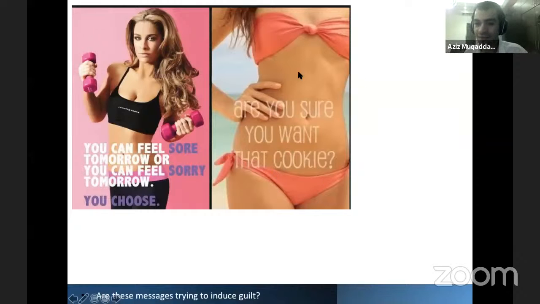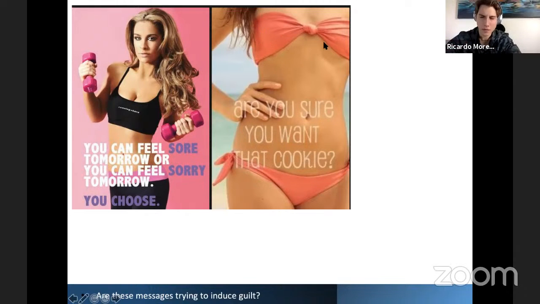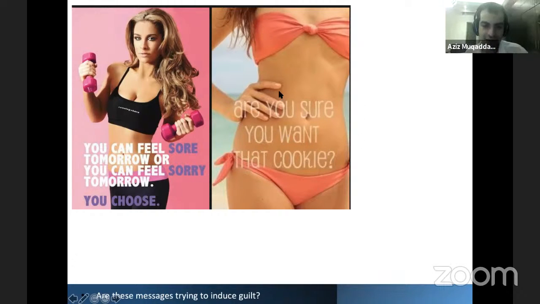So this one would qualify for that variable. And here, this is more the example I gave about appearance: you can feel sorry tomorrow. Right, attacking. So one here is about food guilt, and the other is about emphasizing appearance, right?